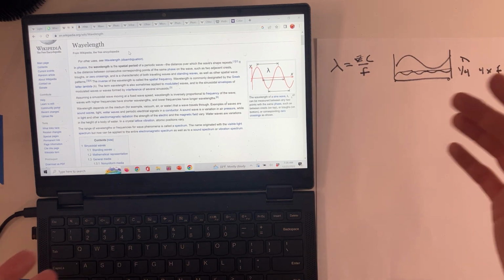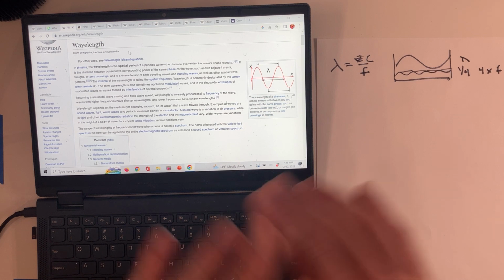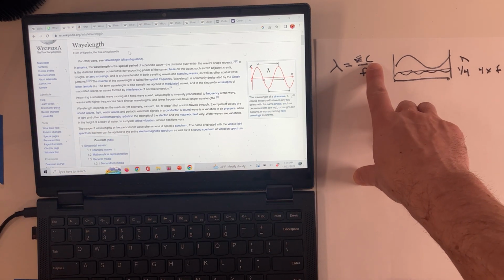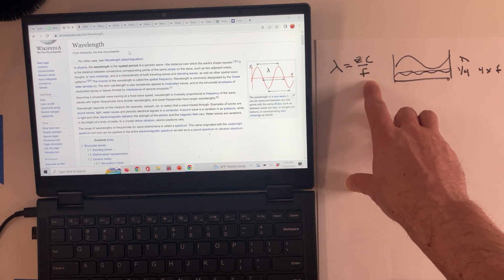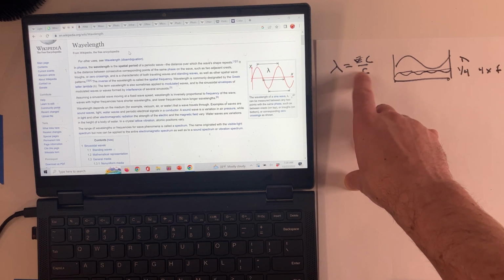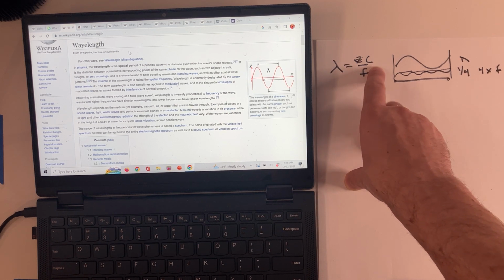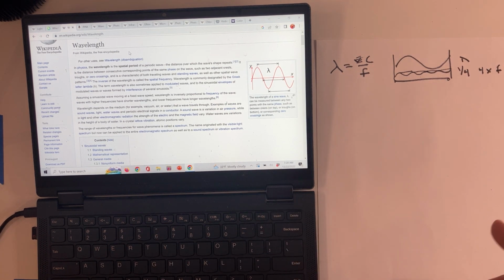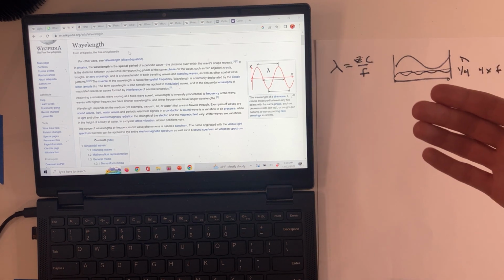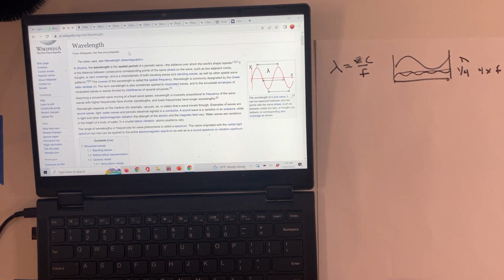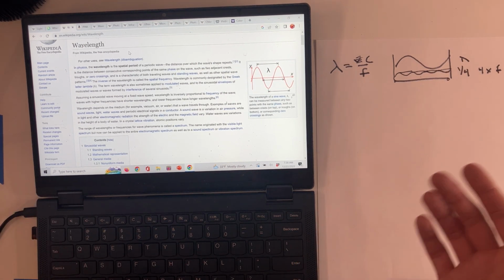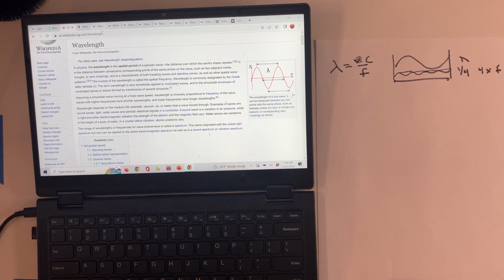So all light, regardless if it's blue light or UV light, has the exact same speed, and that's given by the constant c here. That means that these two are related to each other by that constant. As you go to a longer wavelength, the frequency must go down, and if you go to a higher frequency, then the wavelength must go down. And you can kind of see that in the math.